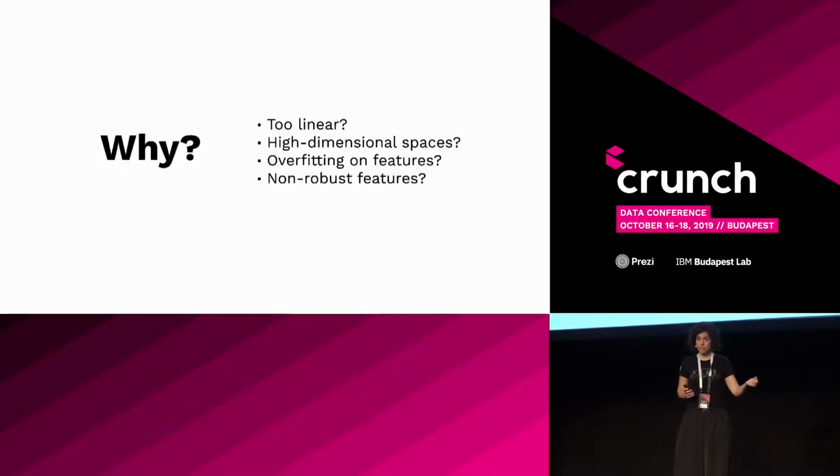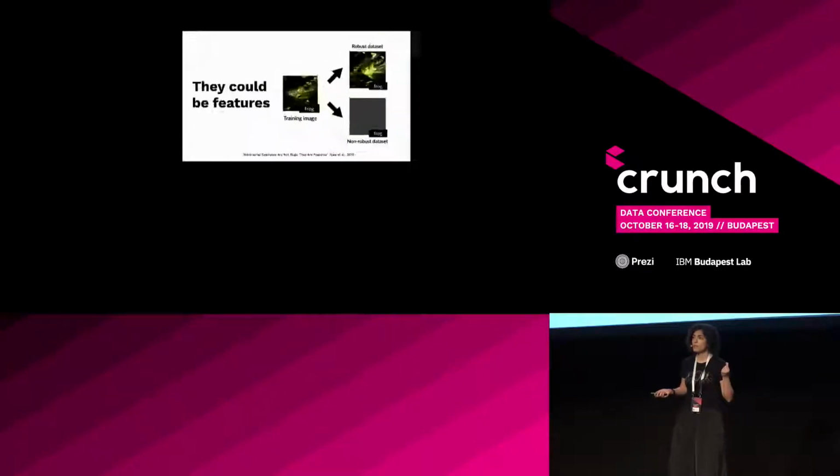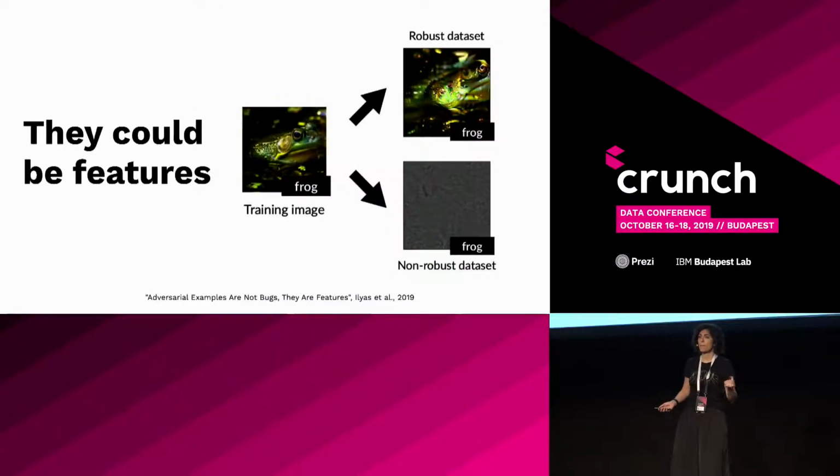But more recently, actually, a few months ago, there was a hypothesis that got me extremely excited because of the implications it has. A paper by Adversarially and colleagues proposed that actually what we saw in adversarial examples are not bugs at all, they are features. Meaning, what we're seeing is neural networks focusing on features that humans cannot see at all.